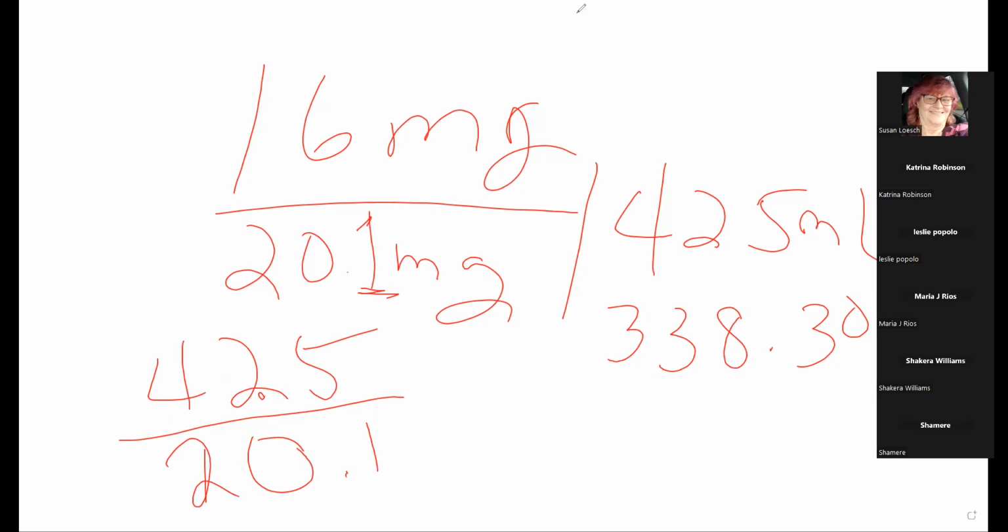So when you do that, it tells you how many milligrams you have per mL, which came out to 21.144, and then you multiply that times the 16. You still should get 338. So that's how you double check yourself if you need to, but you can do it either way. Everybody with me on that?